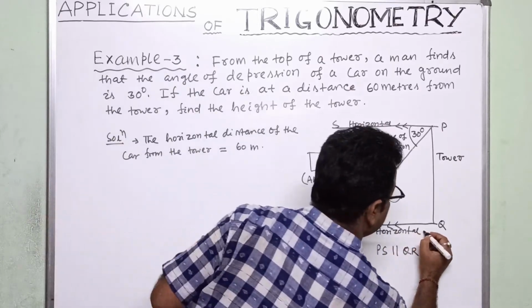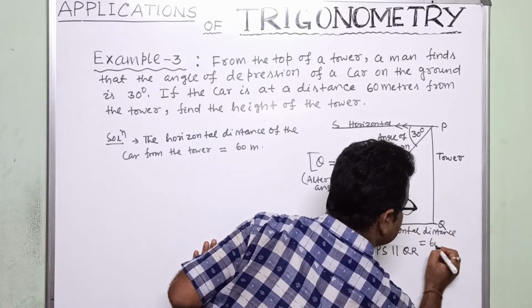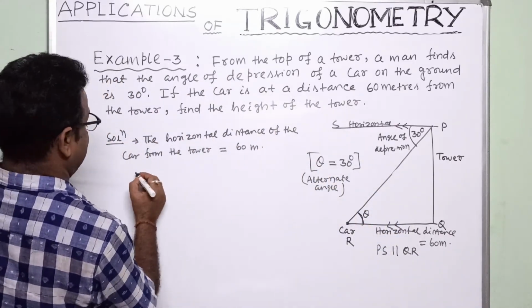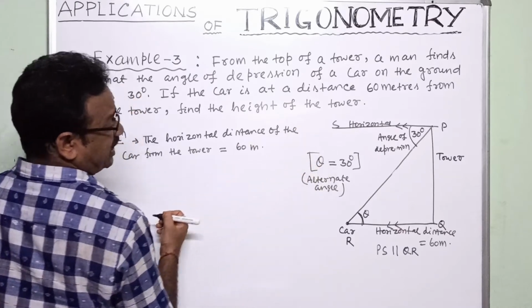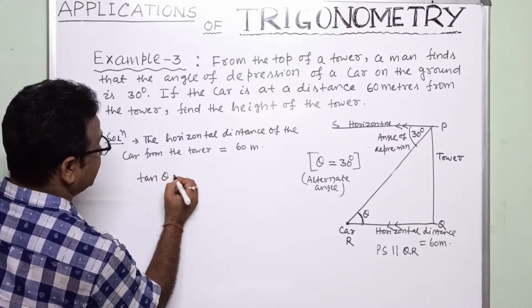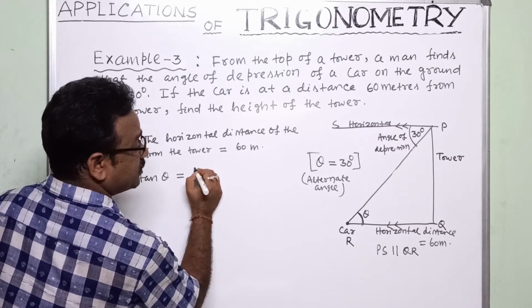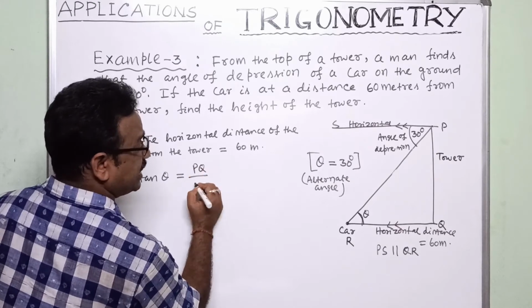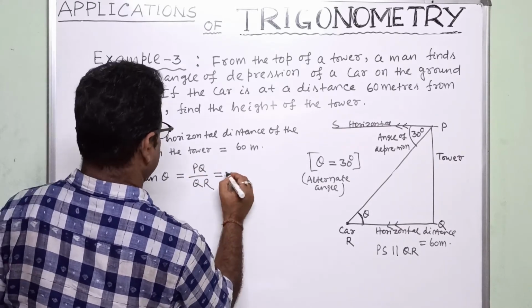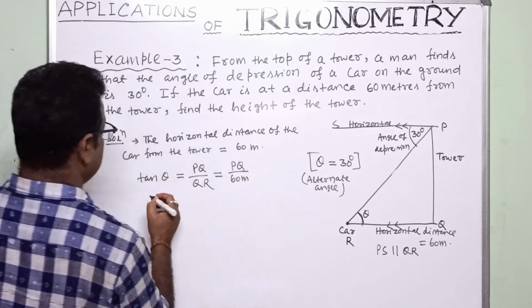So this is your horizontal distance, equal to 60 meter. So now angle of depression 30 degree is already given. So we can find out tan theta is equal to how much? PQ by QR. That is equal to PQ by 60 meter.